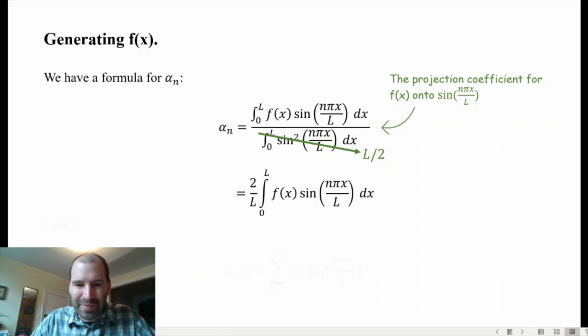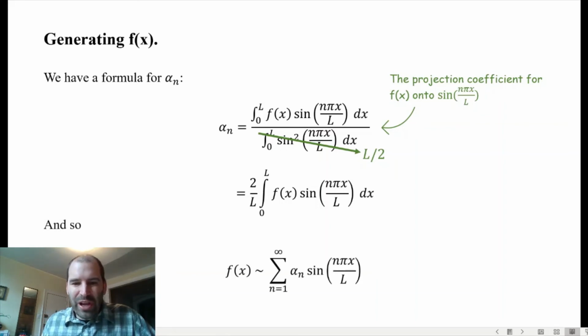So moving on. The Fourier expansion for our function f of x is given as follows. Now notice I'm writing a squiggle equals here. The reason I'm not writing an equal sign is because we have not verified that this series converges to our function.